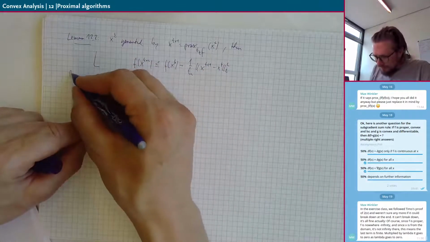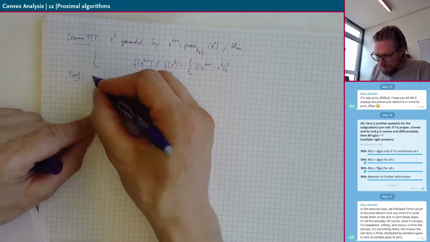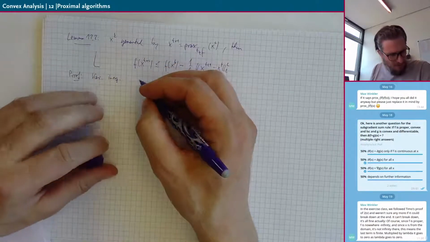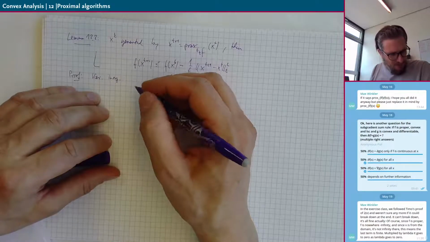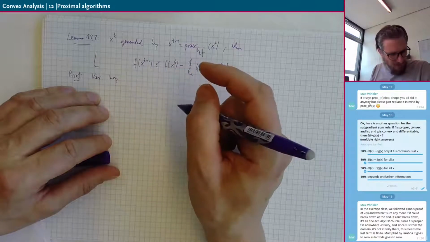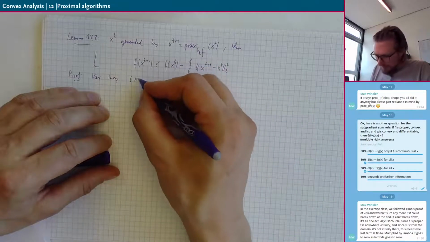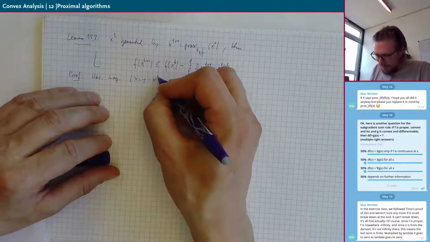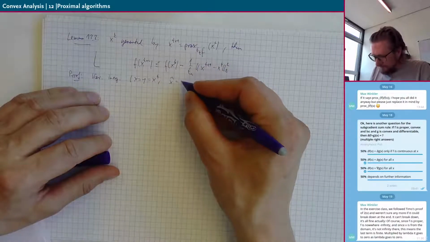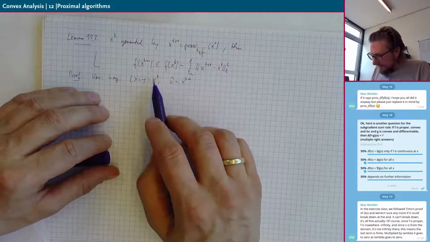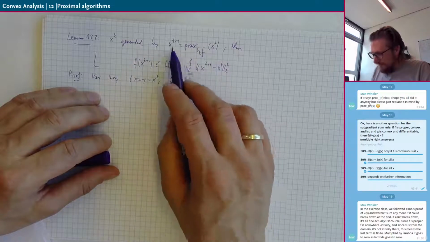Okay, let's prove this. That's also straightforward. You again use the variational inequality to get, I just write it down probably. So in the variational inequality, in case you want to check, you need x and y both xk, and x hat is then of course xk plus 1, because if xk is x, then x hat has to be xk plus 1.